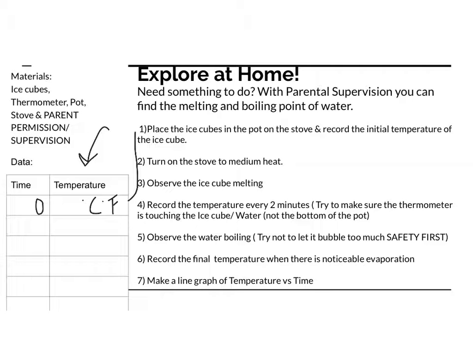You'll have recorded the temperature every 2 minutes: 2, 4, 6, 8. And then you're going to make that graph. Remember, temperature should go on the y-axis, and time should go on the x-axis.